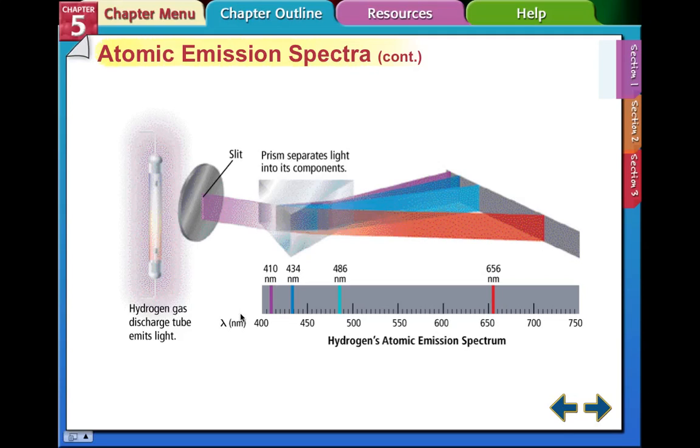Okay, you can see that hydrogen is only broken down into 4 separate wavelengths. Each element has its own wavelengths. Okay, every element does not contain every wavelength, does not contain every color, but it is a combination of colors. So hydrogen, when it's broken down, is broken down into these specific 4 wavelengths.